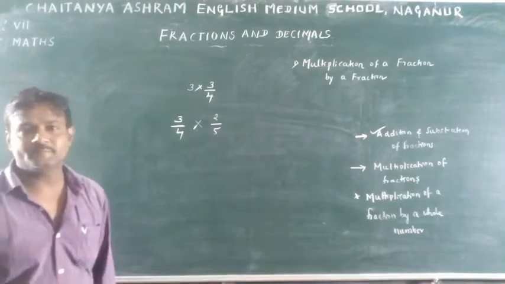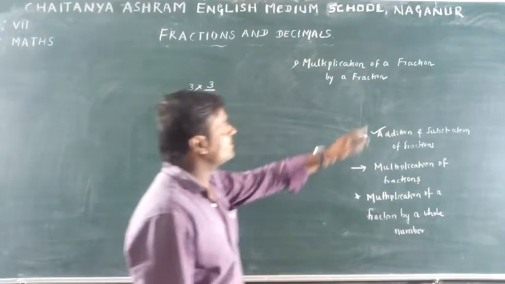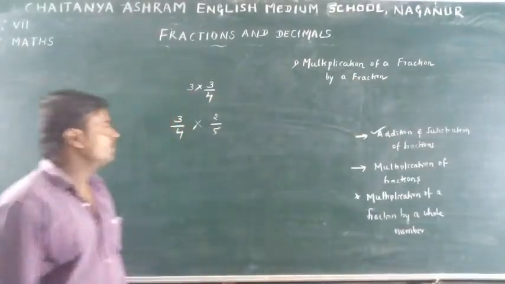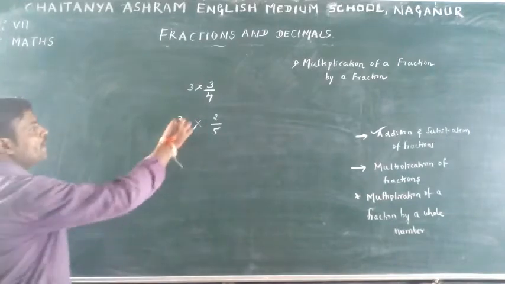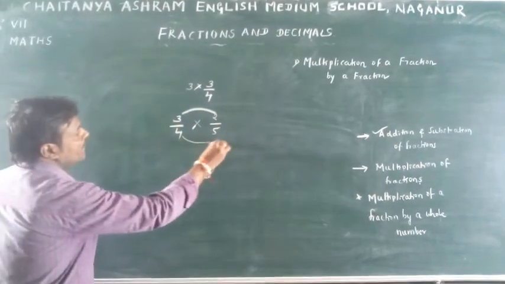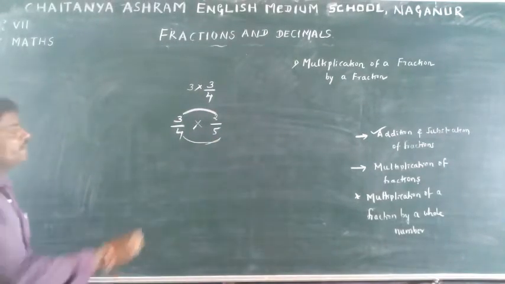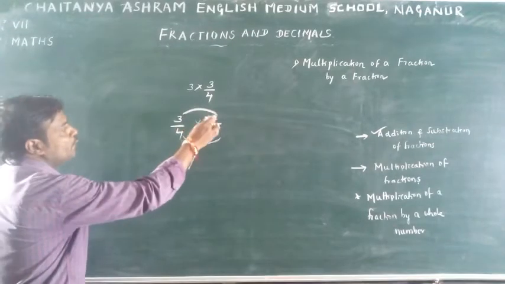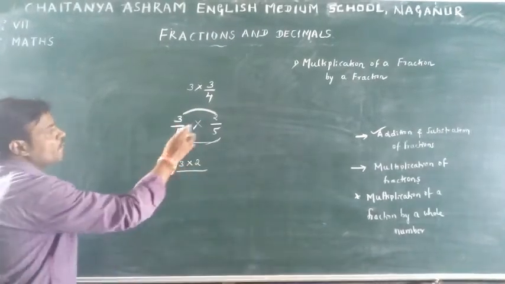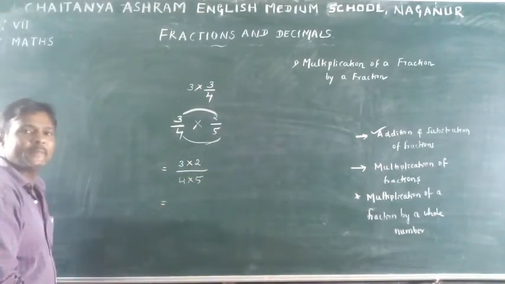In this case, to multiply a fraction by a fraction, don't worry, multiply numerator to numerator and denominator to denominator. Clear? That is 3 into 2 divided by 4 into 5. Then simplify.